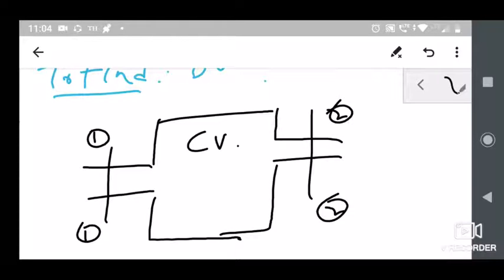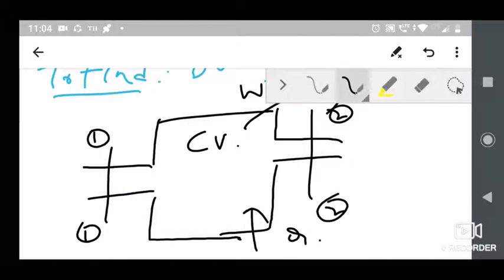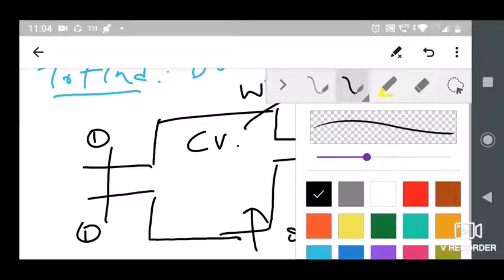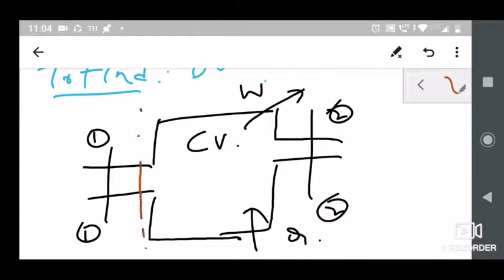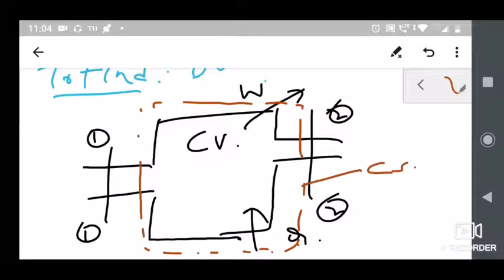This is your control volume. There is some work which is being done, and there is a Q which is being given here. And this is your control surface.